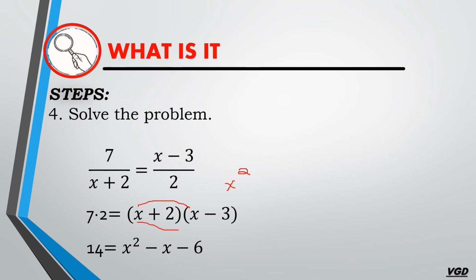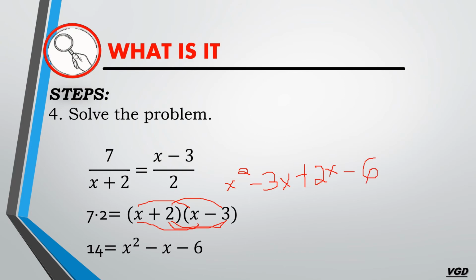O means outer, so x times -3 is -3x. Inner is positive 2 times x, so we have plus 2x. And the last one, 2 times -3, is equal to -6.